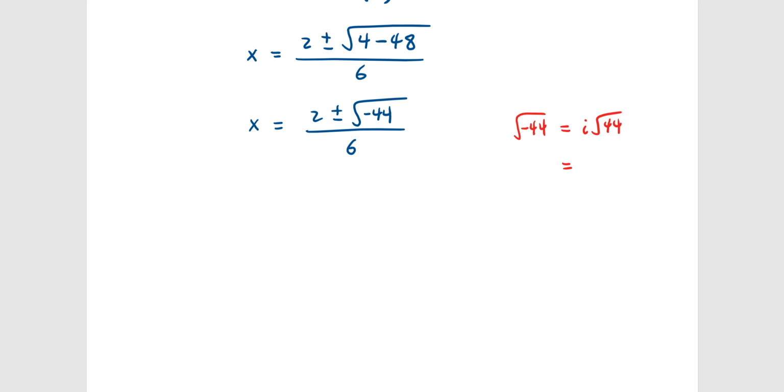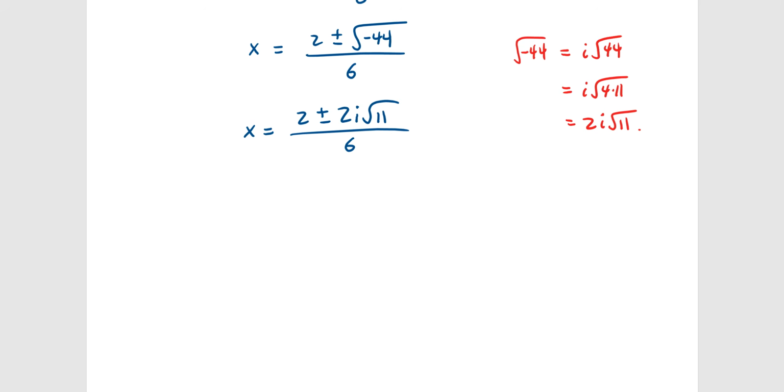The square root of 44 can be rewritten as the square root of 4 times 11. The square root of 4 is 2, so that's 2i radical 11. Okay, so let's replace that into this formula here. So it's 2 plus or minus 2i radical 11 over 6.